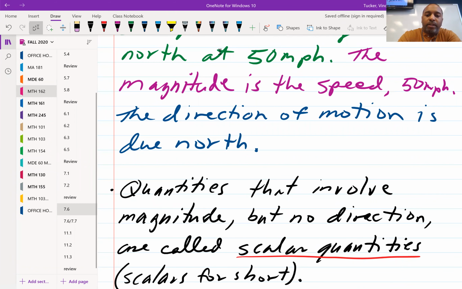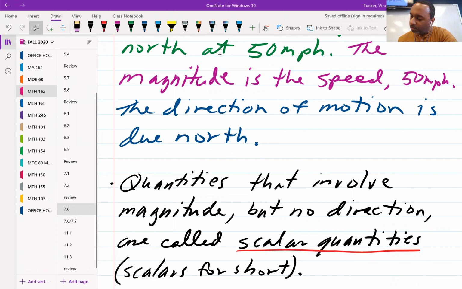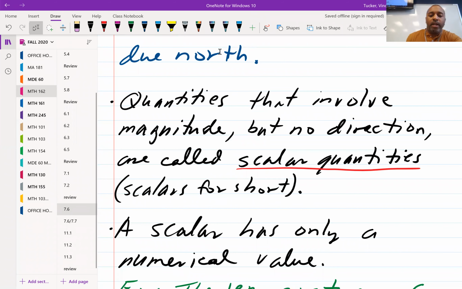Quantities that involve magnitude but no direction are called scalar quantities, or scalars for short. Then the scalar has only a numerical value.